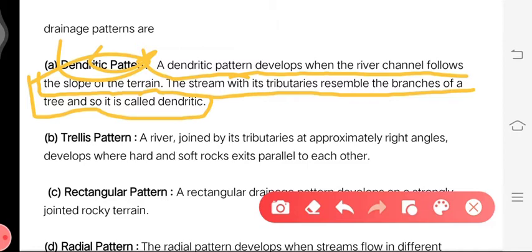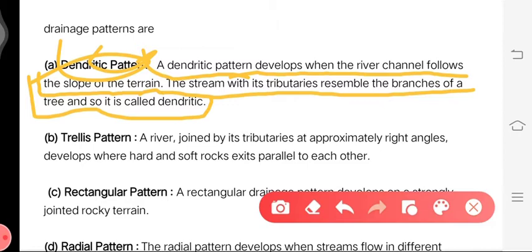It means that the dendritic pattern of a river system develops when the river flows through a slope of the terrain, and the stream with its tributaries resembles the branches of a tree, so it is called dendritic.